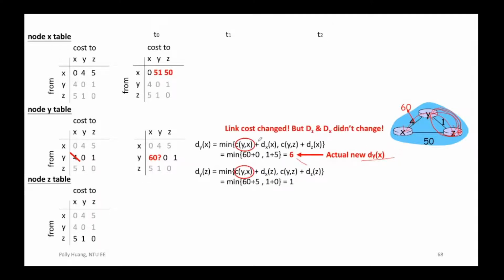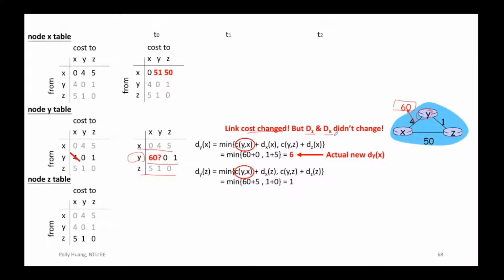So you see here, even though y is capable of detecting there's a link cost change right here, y's route calculation is still based on the old dx and old dz. Right at the link cost change, y has not yet received the new dz, new dx yet.